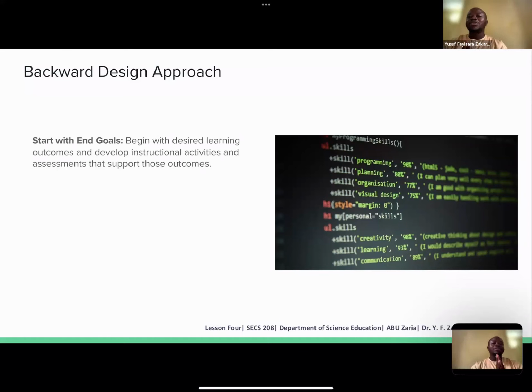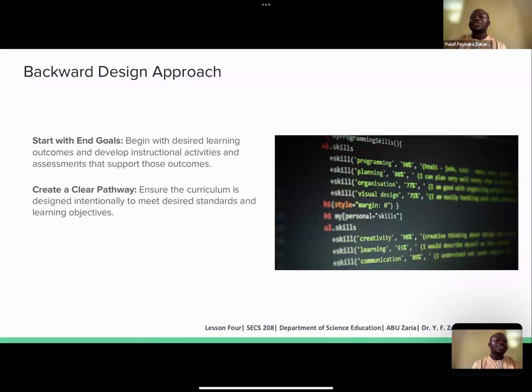After you start with the learning outcomes, the next thing is to look for content that will match the learning outcomes, and look for assessment tasks that will match the learning outcomes. This is what they call the backward design approach. After you've got your learning outcomes, you create a clear pathway so that the curriculum is designed intentionally to meet desired standards and learning outcomes.